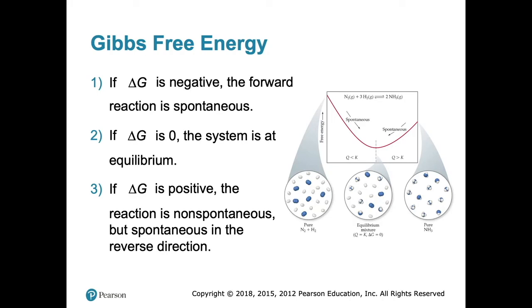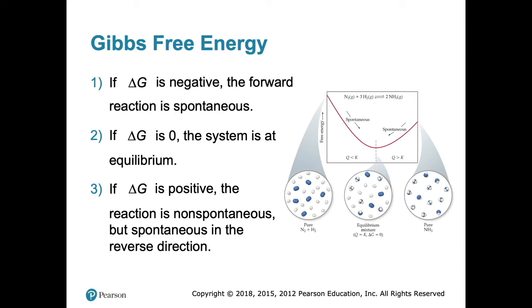So here we can see, for example, if you recall what Q is: Q is the ratio of the concentrations of the products and reactants at any time in the reaction, and K is that ratio at equilibrium. Chemical equilibrium back to haunt us, isn't it? Here we have pure nitrogen and pure hydrogen as gases.